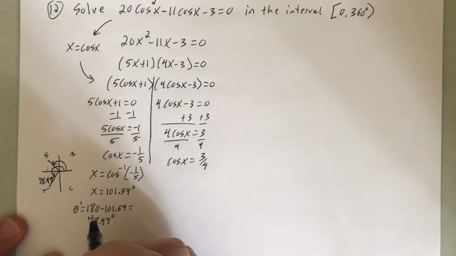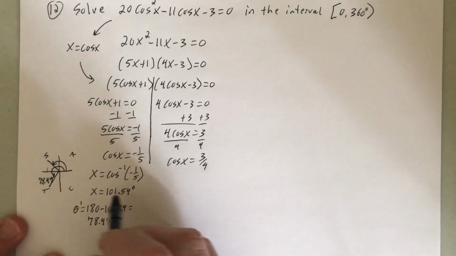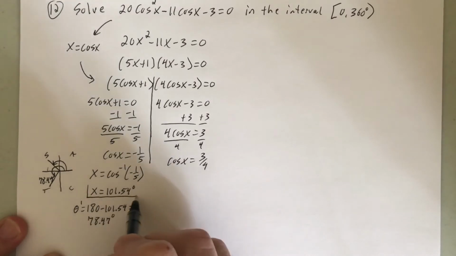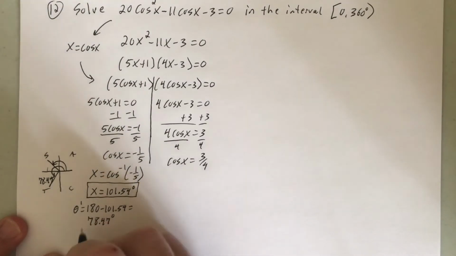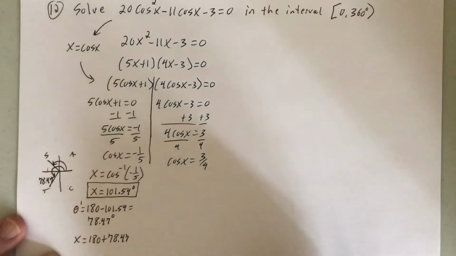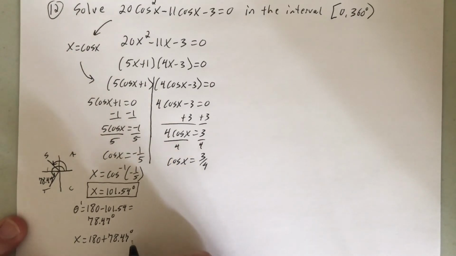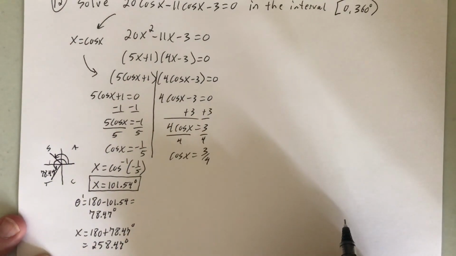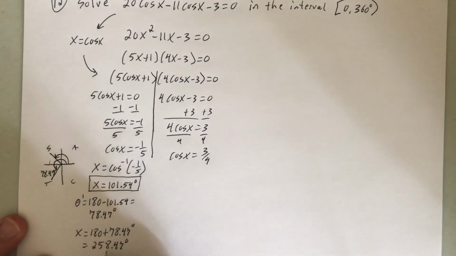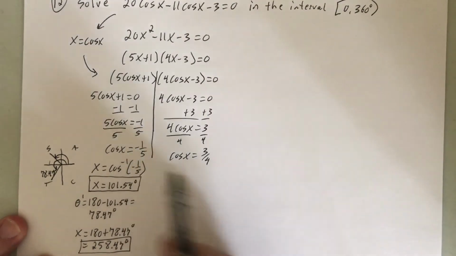So then my quadrant 3 answer, my quadrant 2 answer, by doing the inverse, already found that for you. That piece was easy. So my quadrant 3 here is going to be 180 plus the reference angle, 78.47 degrees, and that is going to equal 258.47 degrees. So these are the two answers right here for cosine of x equal to negative 1/5.